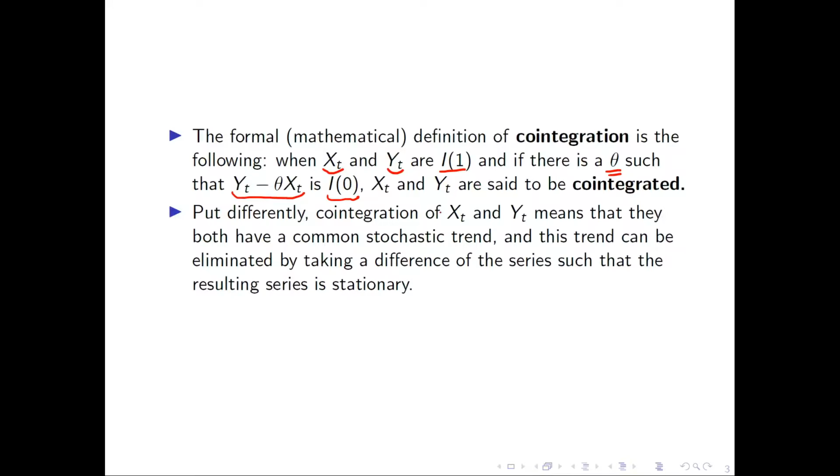And a different way to say this is that if x and y are co-integrated, then they share a common stochastic trend, which is just something which affects both these variables, and we would expect this stochastic trend to affect both these variables in the future.